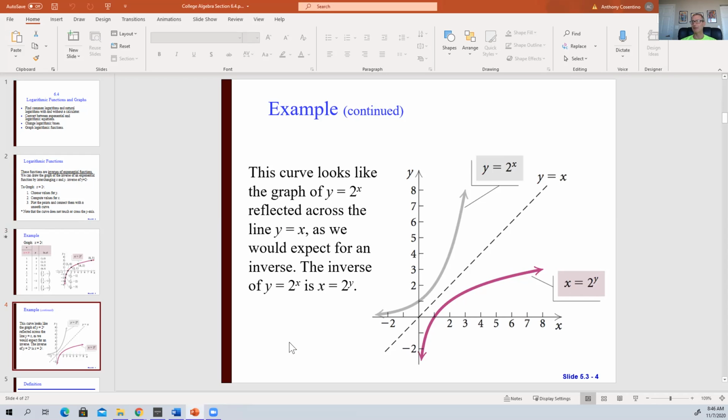And so a couple key attributes. All log functions pass through the point where y equals 0, x equals 1. And so it always crosses the x-axis at 1. Doesn't matter what the base of the log function will be.